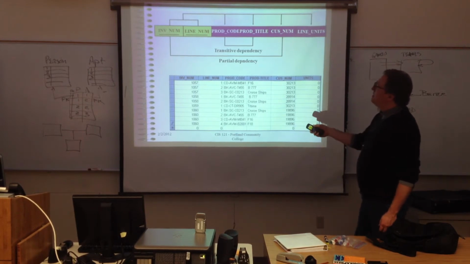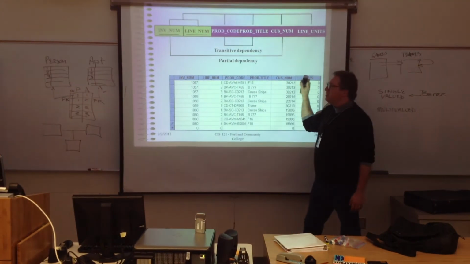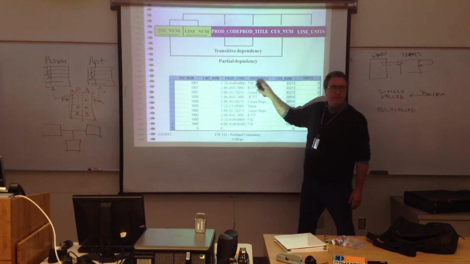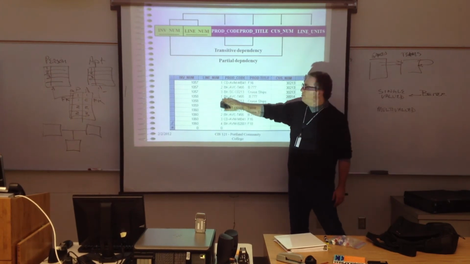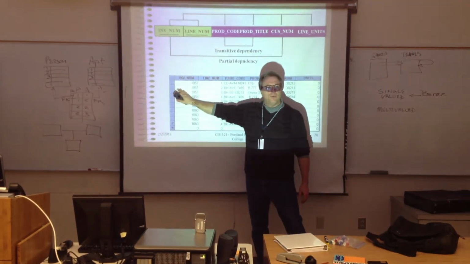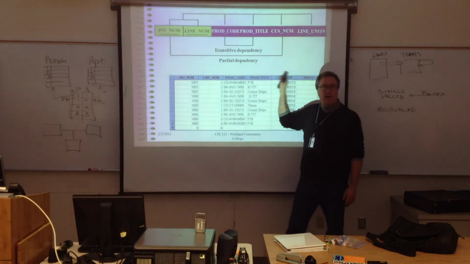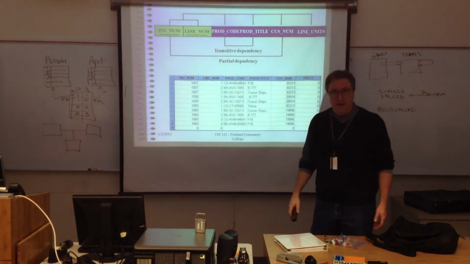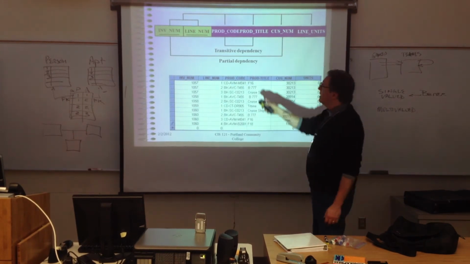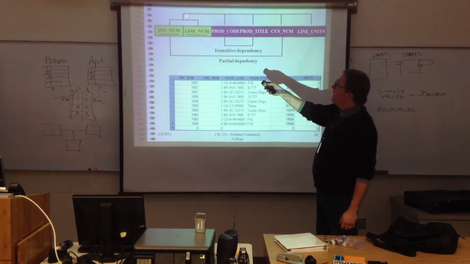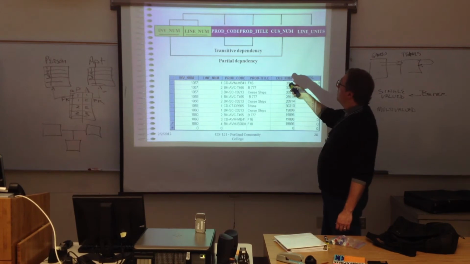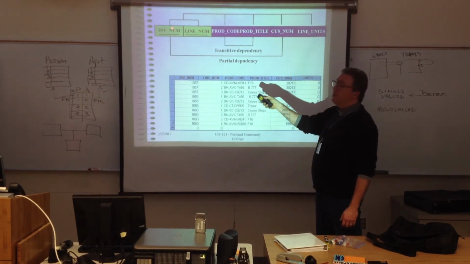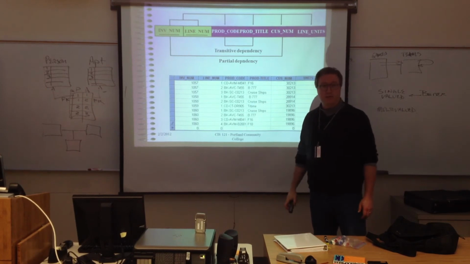Okay, so the first thing is, all of these attributes have to do with the line number, but there are lots of line number ones, so I need both the line number and the invoice number to uniquely identify these attributes. That's why I say I've got a composite primary key. And that's what this means: each one of these attributes is dependent on the combination of these two attributes.